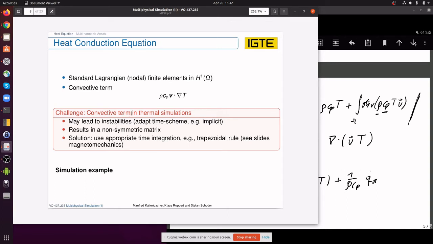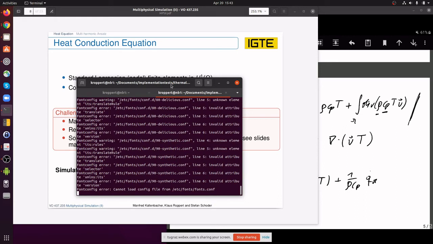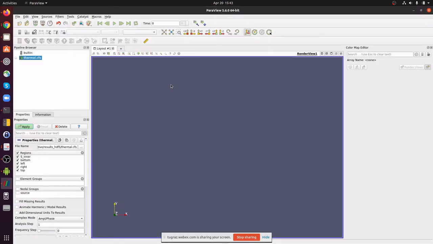This can lead to severe instabilities, especially if the velocities are high. Okay, and I've prepared a small demonstration example where we use CFS to actually show this instability behavior. So the problem we are considering looks the following.